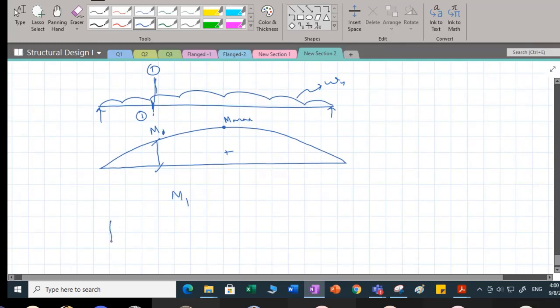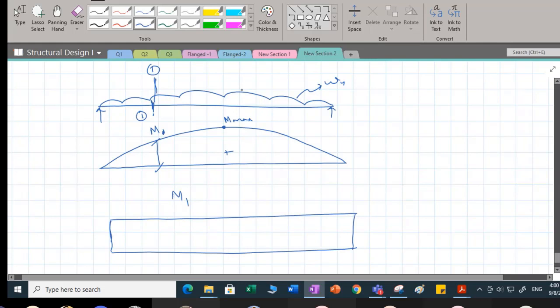Many times what you will find, say this is your beam, and I'll be placing my reinforcement. Say you have 6 bars, which are required at mid span. So what I'll be doing, say this is 1 bar. Let me draw the cross section parallelly also.